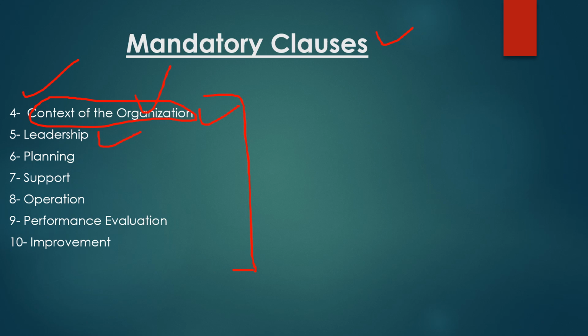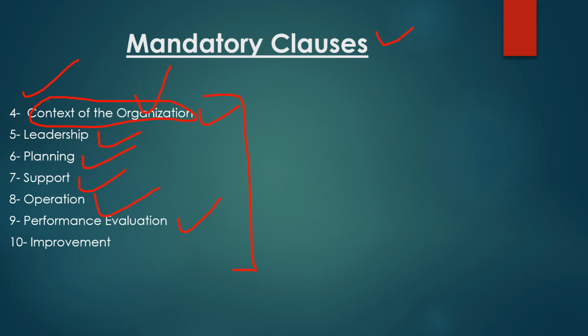Number five is leadership. Leadership means the top management who is supposed to drive the business. Planning means the strategic part. Support means the n numbers of suppliers or OEMs associated with the organization. Operation means daily activities.